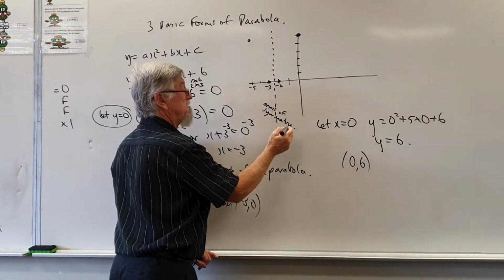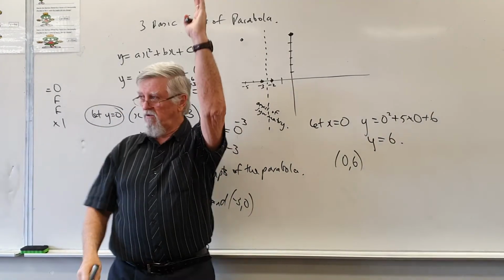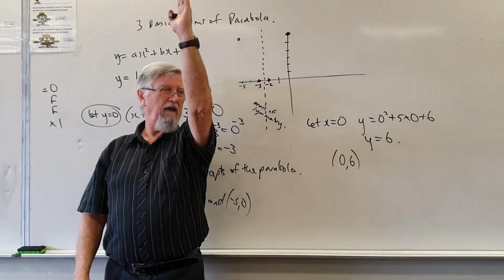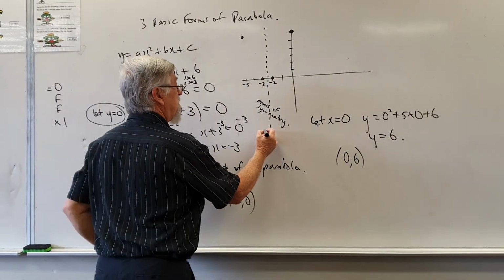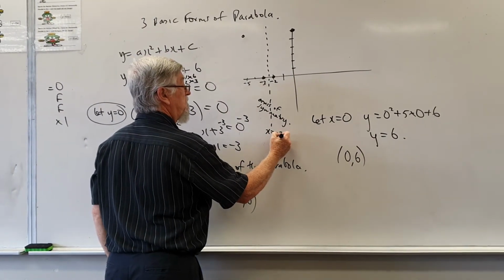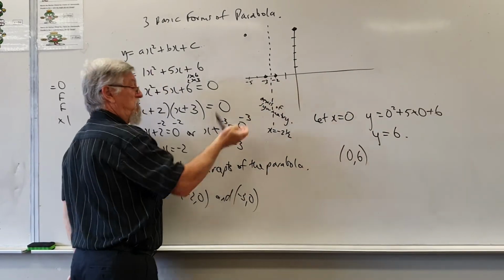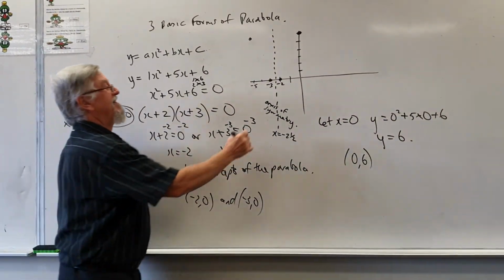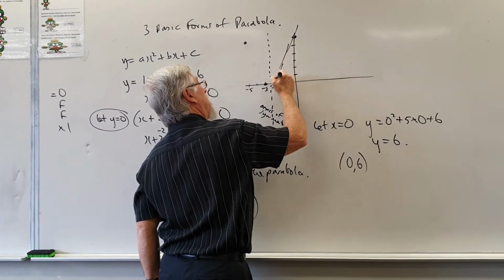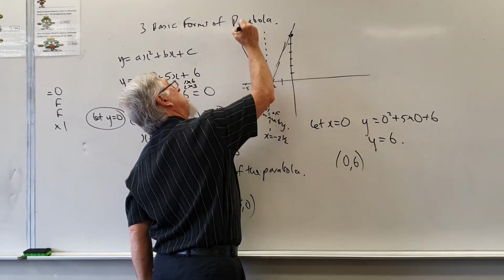Now the axis of symmetry has an equation. All vertical lines are called, are they x equals, are they y equals? They all are x equals. That's x equals minus 2.5, halfway between minus 2 and minus 3. That was a good shot. So now I can draw the parabola down here. Here's the interesting thing about parabolas.